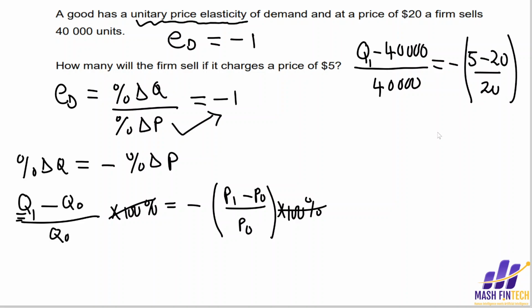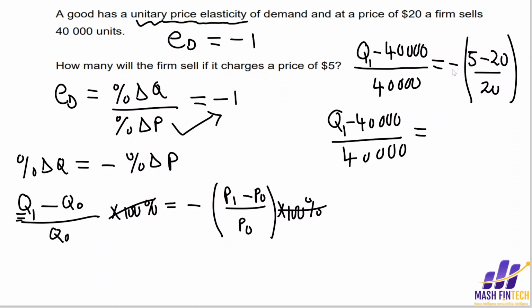When we solve this here, it's Q1 minus 40,000, right? Let's leave it like this for now, divided by 40,000. This is 5 minus 20, which is minus 15. But it's a minus and a minus, so it becomes a plus.